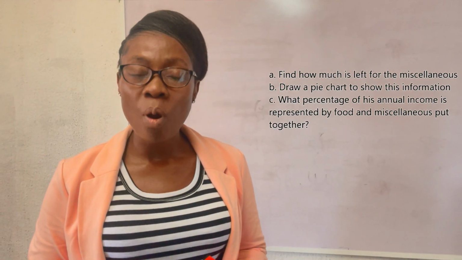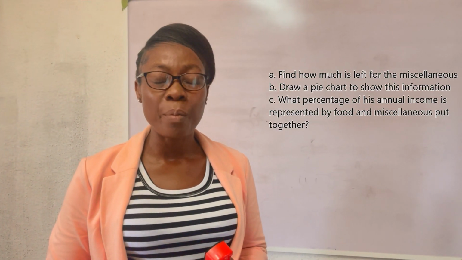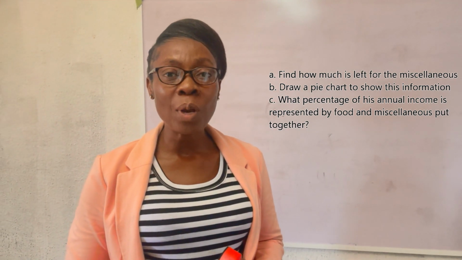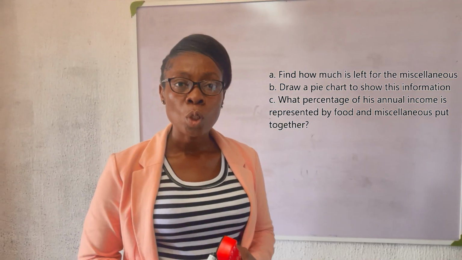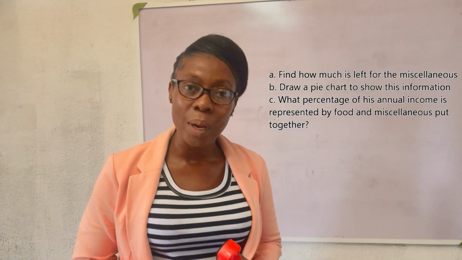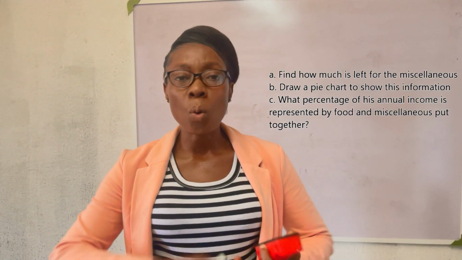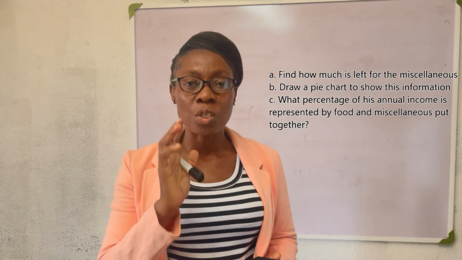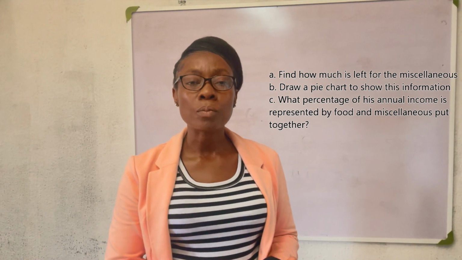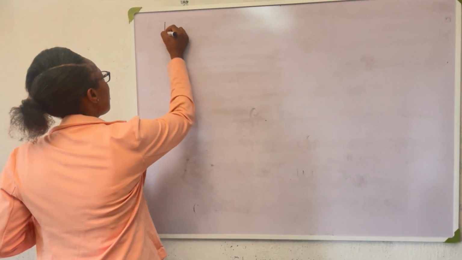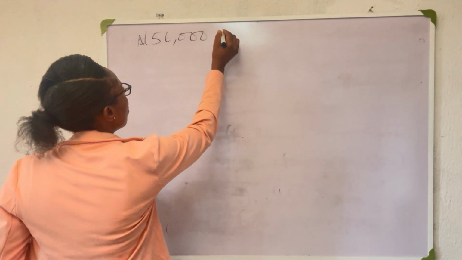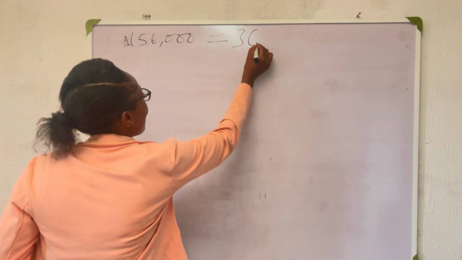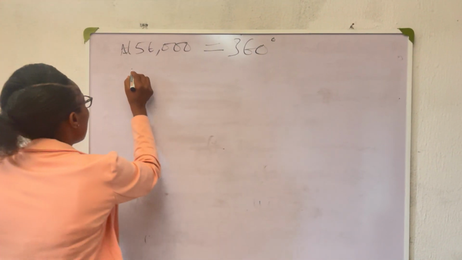Question B said, draw a pie chart to show this information. A pie chart is an angular representation of the information we used earlier. Note that a pie chart is circular, and the total angle in a circle is 360 degrees. Thus, 56,000 will represent 360 degrees.